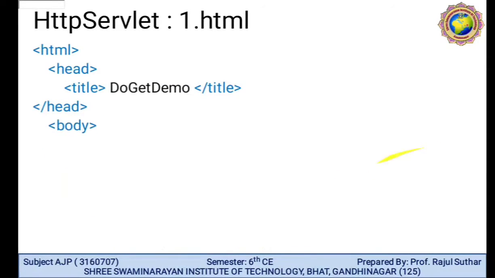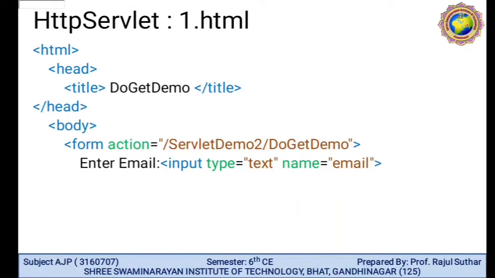HTTP servlet 1.html, doGet demo. Here we write the title doGet demo, and in the body section we work with the form action servlet demo doGet demo. Enter some input, like enter the email.